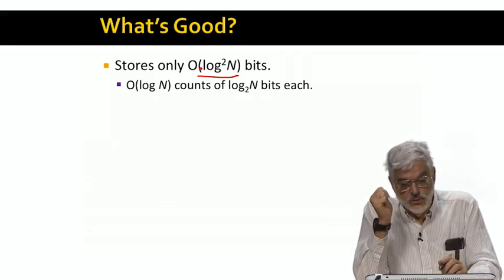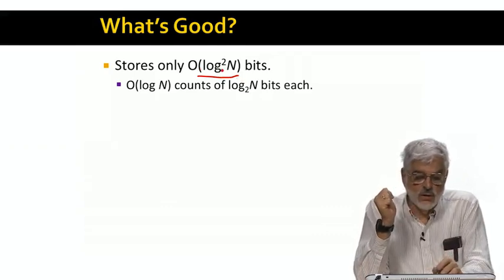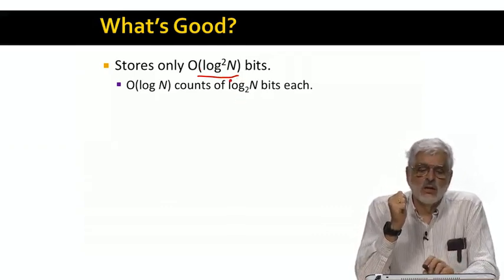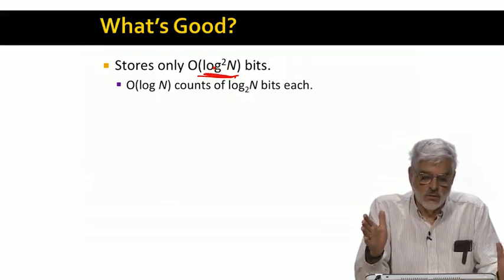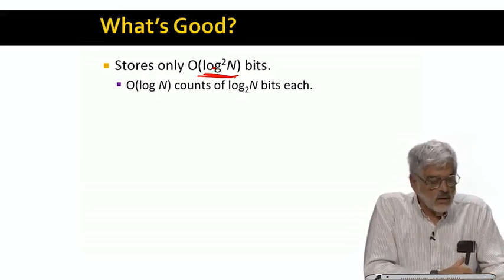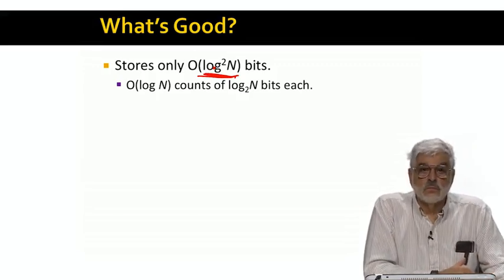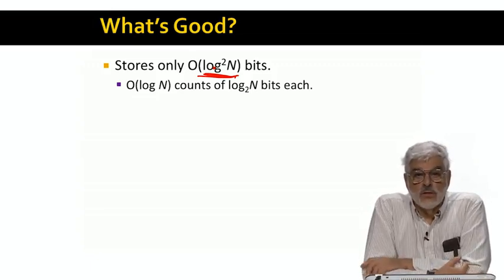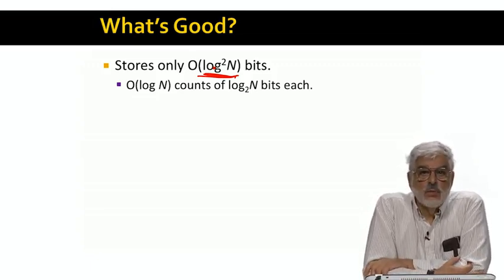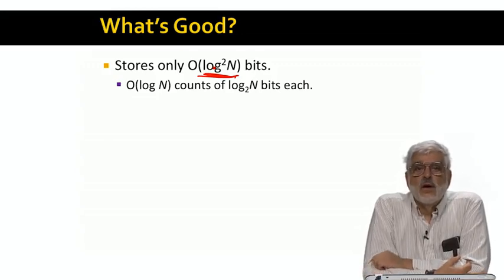If you've never seen this notation before, putting the square above the log means that you're actually squaring the whole thing, squaring log n. Storing the square of log n bits is not that bad. It's much less than n for large n. So if n is 1 billion, then log squared n is about 900.